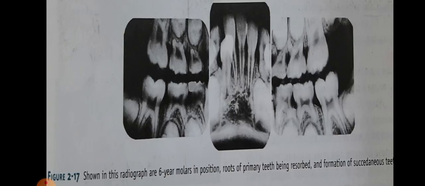This is figure 2.17. Shown in this radiograph are 6-year molars in position, roots of primary teeth being resorbed, and formation of succedaneous teeth.